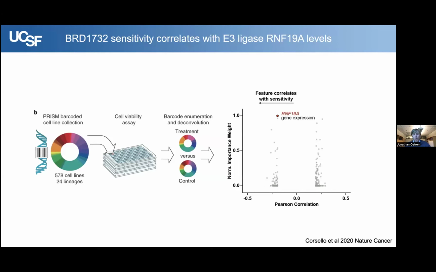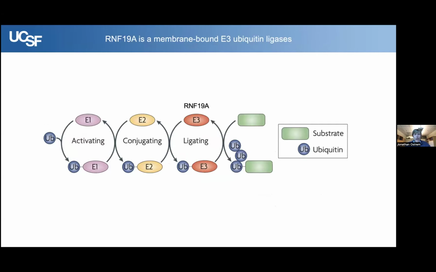When we did this for our compound BRD 1732, what came out is that high expression of this gene RNF19A correlated with sensitivity to our compound. And it turns out RNF19A is an E3 ubiquitin ligase.